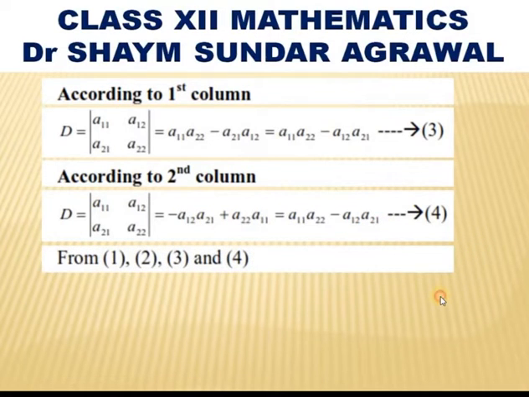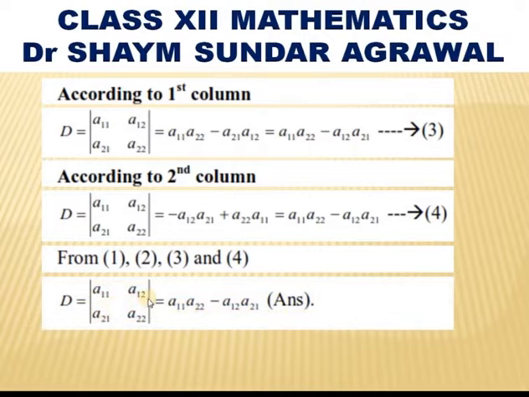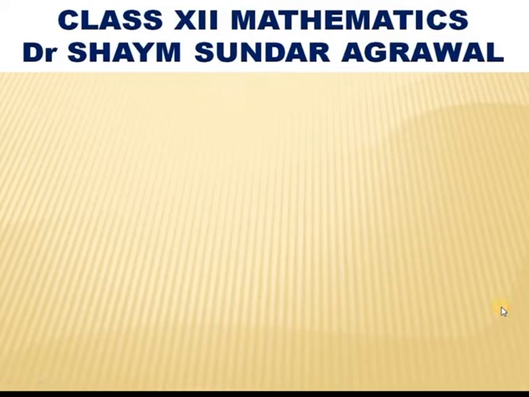Now, from equation 1, 2, 3 and 4, determinant of A11, A12, A21, A22 is same as A11 into A22 minus A12 into A21, whether it may be expanded according to first row, second row, or first column or second column.